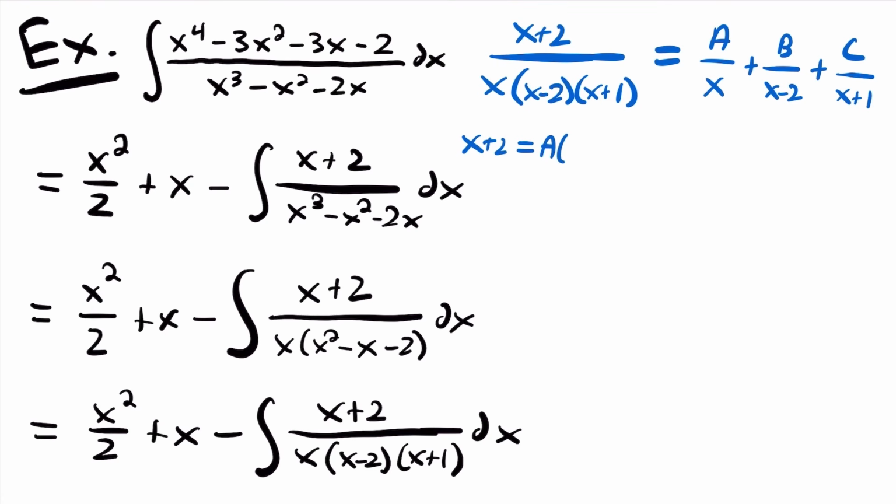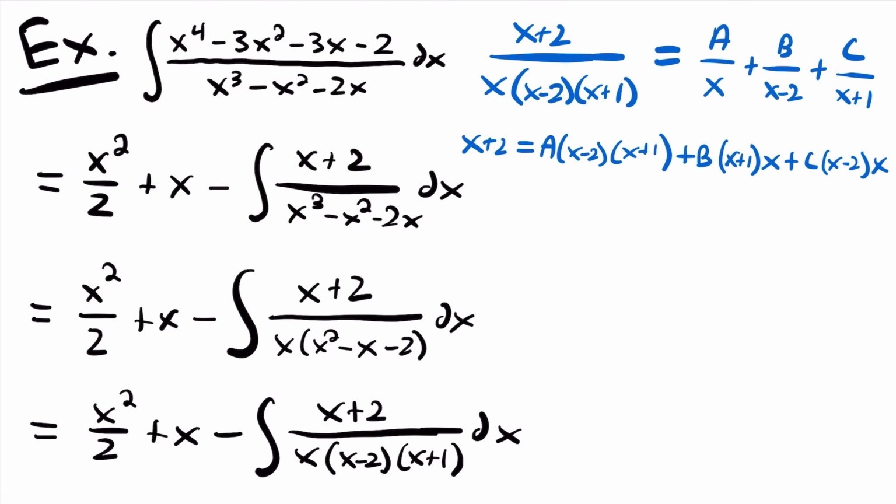So we'll have a times x minus 2 times x plus 1, and then we'll add that to b, and b has a denominator of x minus 2, and so it needs x and x plus 1. So we'll multiply that by x plus 1 and x, and then we'll add that to c, which has a denominator of x plus 1, and so it needs x minus 2 and x. And so we'll multiply by x minus 2 and x. Okay? And so now we have an equation here that we can use to solve for a, b, and c.